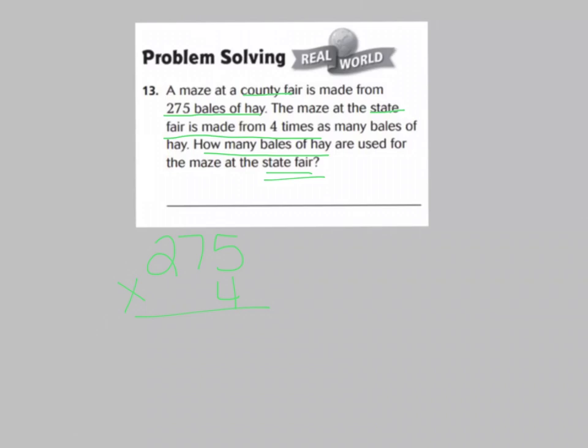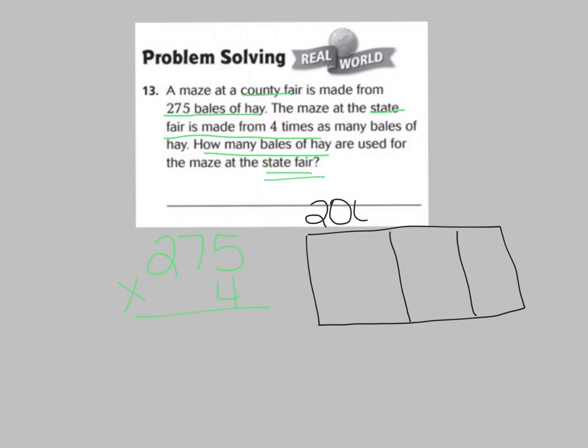So I'm going to go ahead and set up my box model. And I'm going to have 3 areas because 275 has 3 place values. I'm going to go ahead and write 275 in expanded form on the top. And I'm going to bring my 4 over here because that's what we're multiplying by. That's one of our multiples that we're going to multiply to get our partial products.